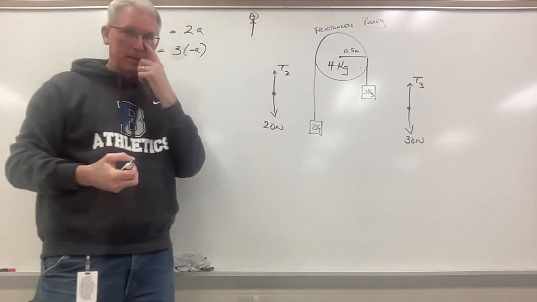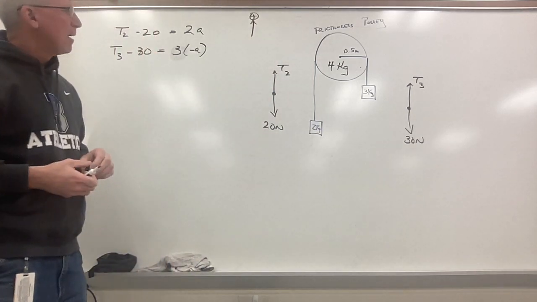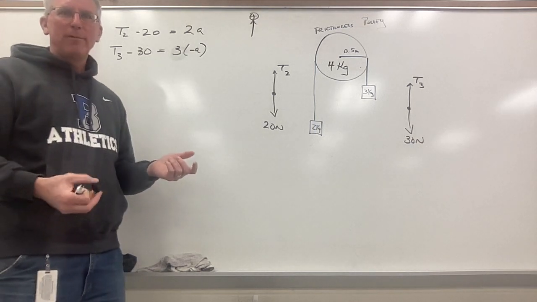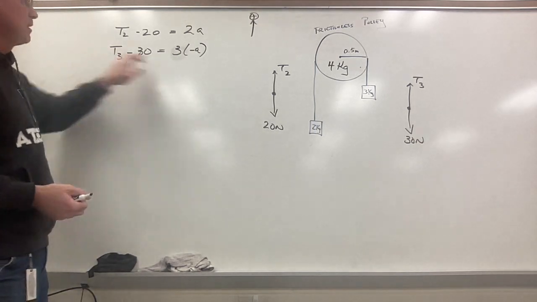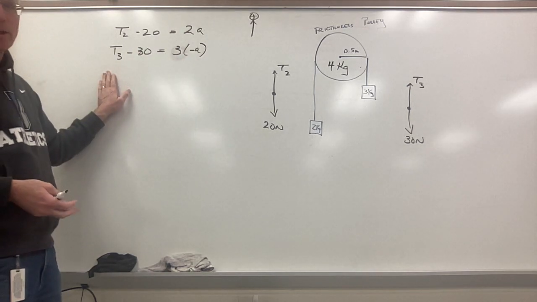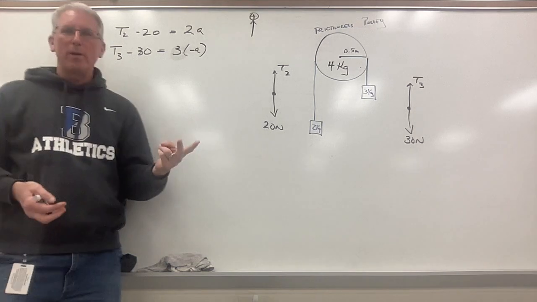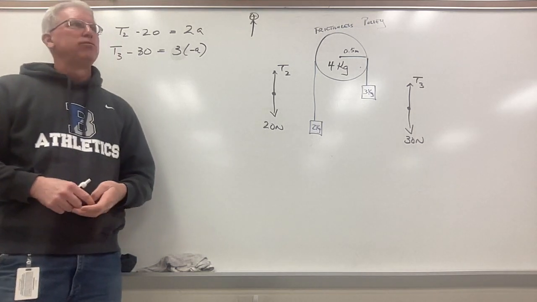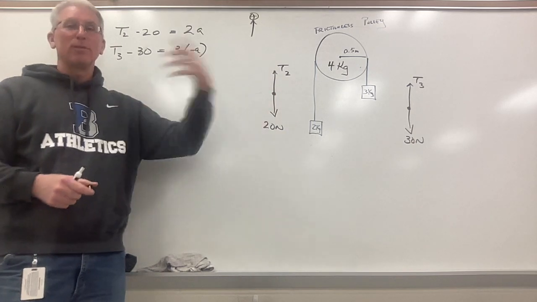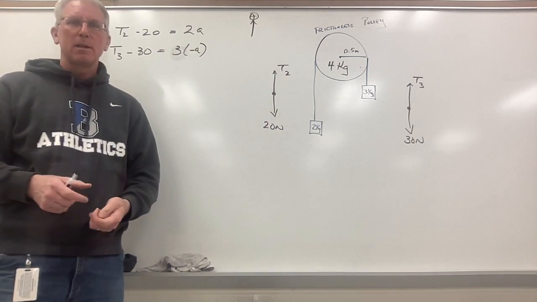Going upward is positive. But it's now unsolvable. I've got three unknowns, A, T2, and T3, but I've only got 2 equations. So we have to deal with the pulley in order to figure out some more things.